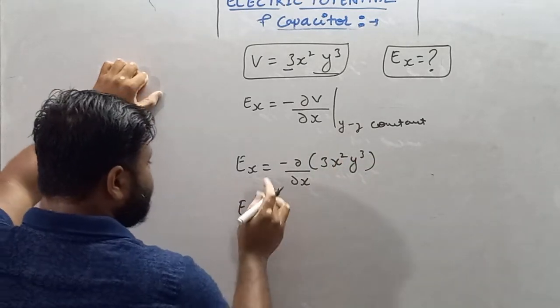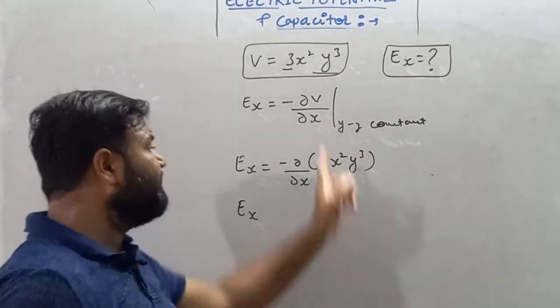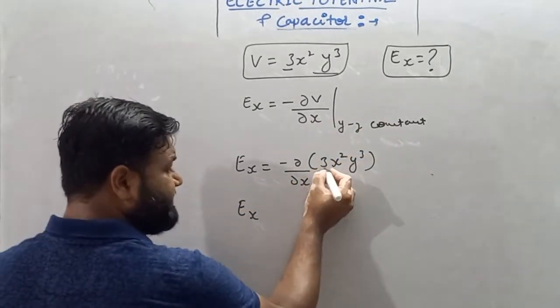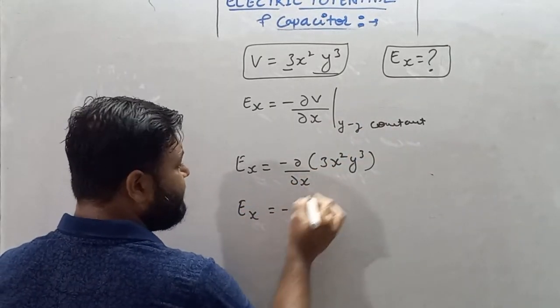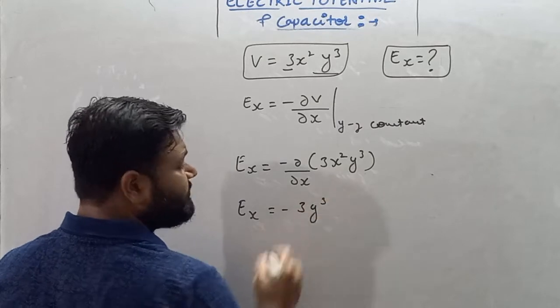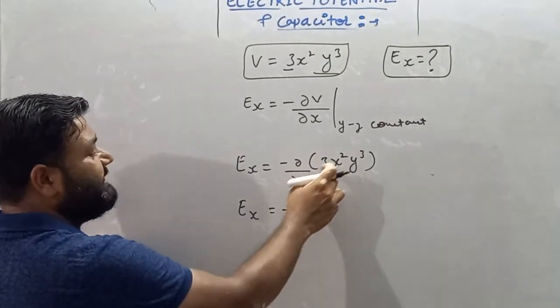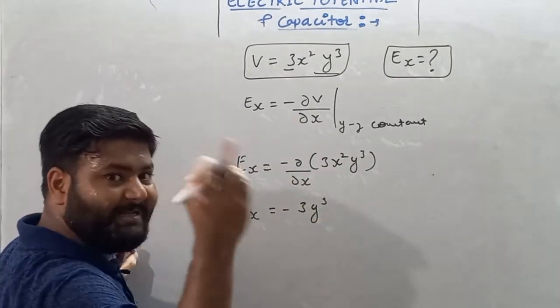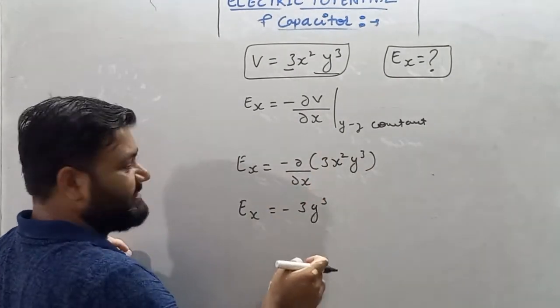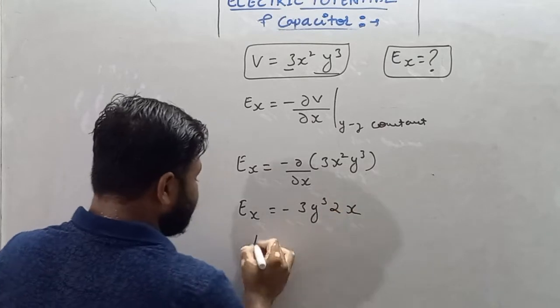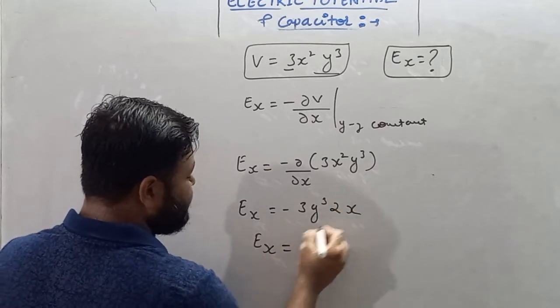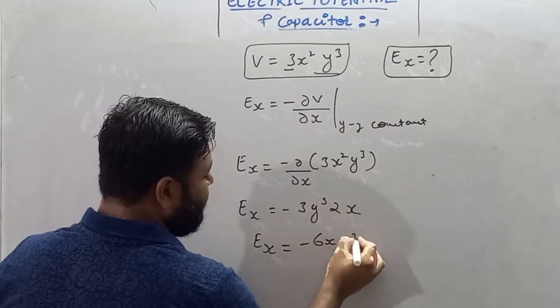I am differentiating it by keeping y and z constant, so 3 is itself constant and can be written outside, y cube is also constant, and we differentiate only x square with respect to x, which gives 2x. So electric field along x-axis is minus 6x y cube.